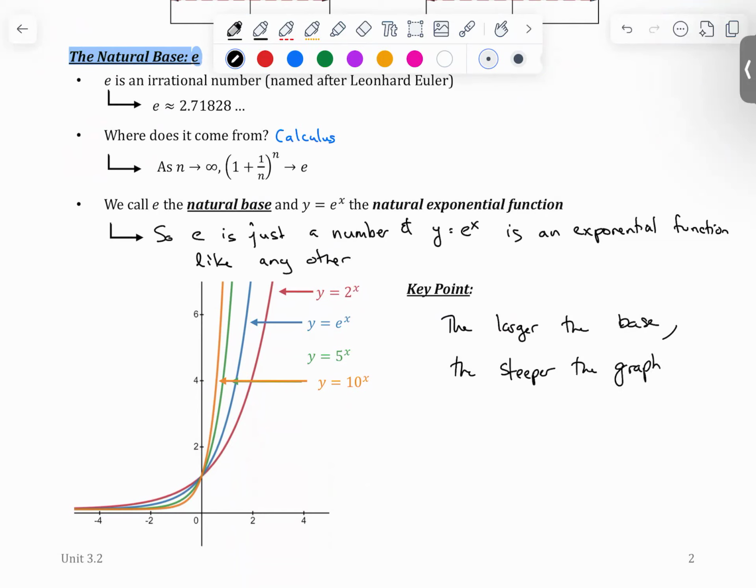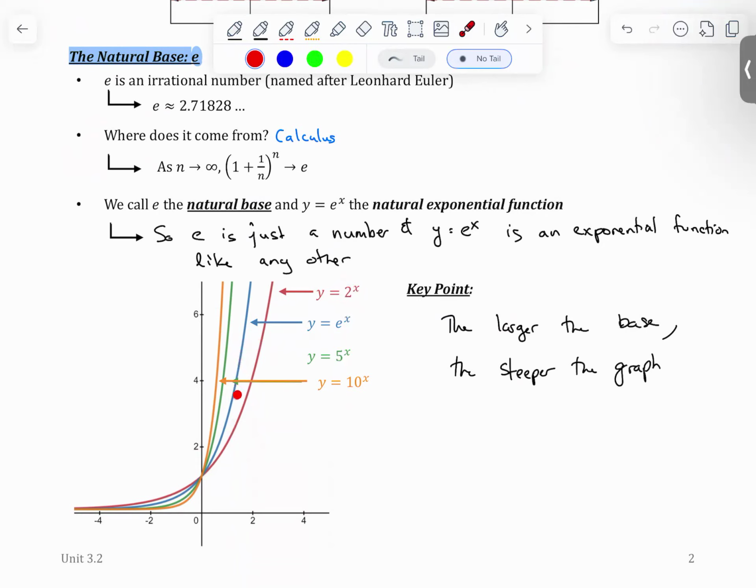And you can see that e is about 2.718, and that's why its curve is between 5 to the x and 2 to the x. Its base is larger than 2, but closer to 2 than it is to 5. I know it's kind of hard to see, and I didn't graph these things perfectly.